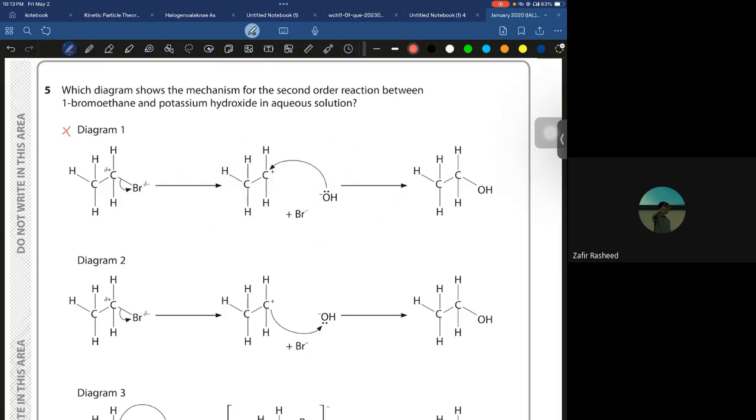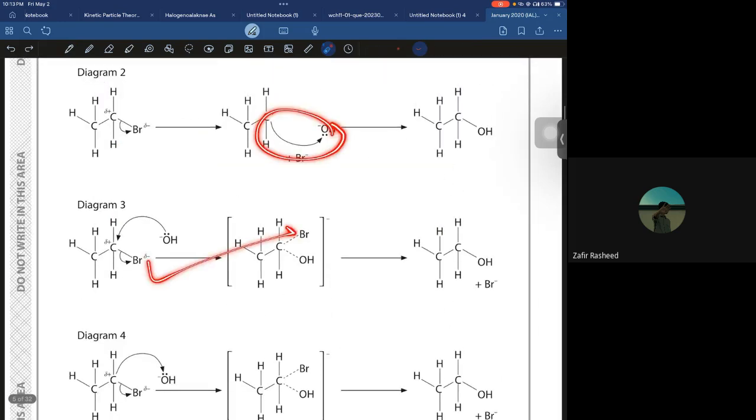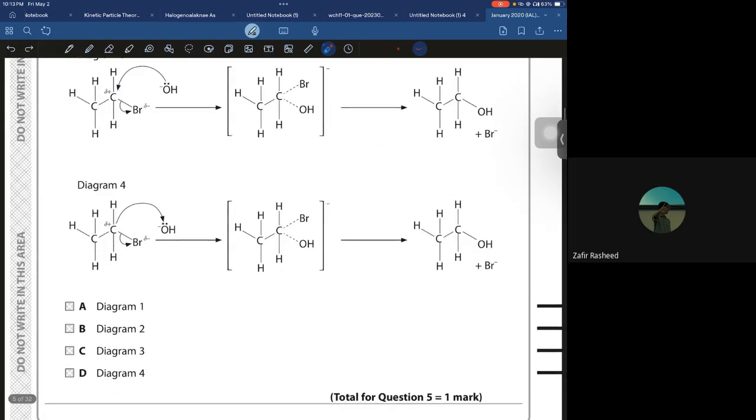Why? It's going to form a carbocation. If you remember, we discussed two types of reaction, SN1 and SN2. SN1 occurs in two steps. SN2 occurs in one step. So if this is primary, why would this be in two steps? This is wrong. Diagram 3 is correct because whenever you have a primary halogenoalkane, it's not going to produce any carbocation, rather than this intermediate. And option D is incorrect.